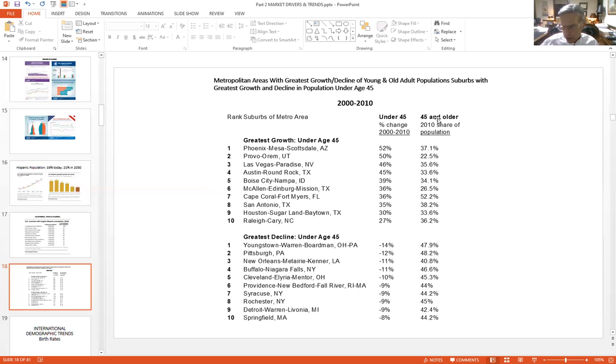And lo and behold, folks 45 and older tend to make up a larger proportion of folks in the Rust Belt because they retire there. That's it. The young folks move out, the older folks continue in their employment in those industrial concerns to the extent that there is employment, but it's a little too late for them to migrate.